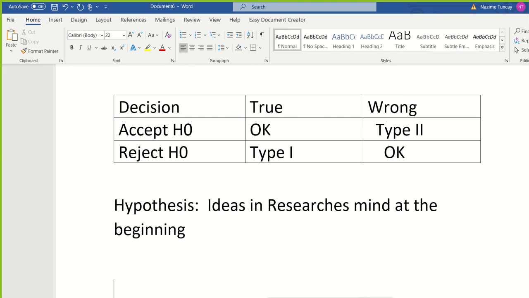Okay, and H0 is the zero hypothesis, the null hypothesis.